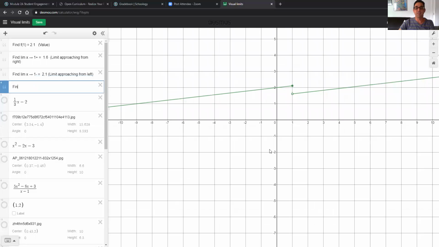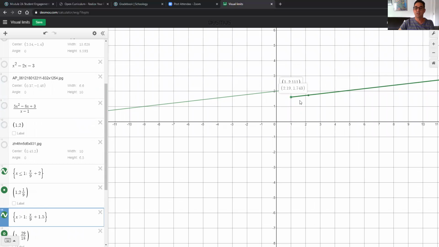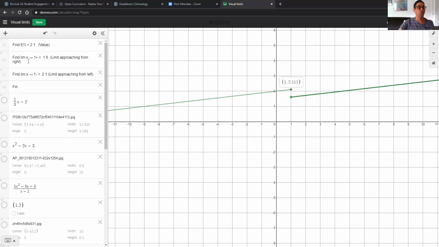So let's look at what we have so far. The value of f(1) is just 2.1 because that's where the solid dot is. The limit as x approaches 1 plus, coming from the right: now, it actually has no value, it's undefined there, but the number it's getting really close to, the y value, if you just round it, is 1.6. So coming from the right, or we call it 1 plus, the limit is 1.6.